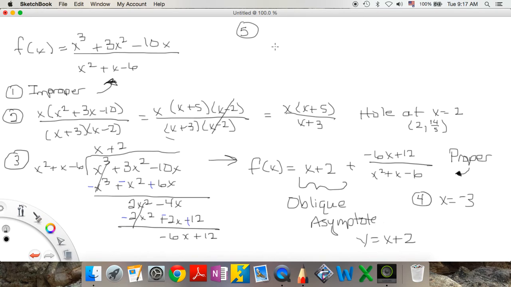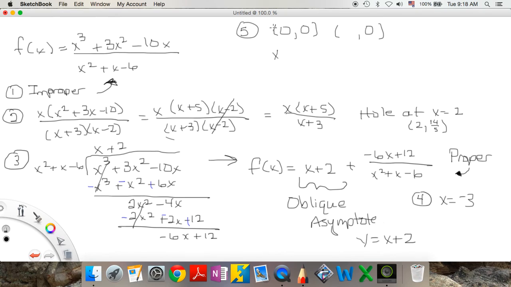We're looking at the intercepts. So if we have x equals 0, then we end up with 0 on the top. And if we have y equals 0, well, how do we get y equals 0? Well, that's when the top equals 0.